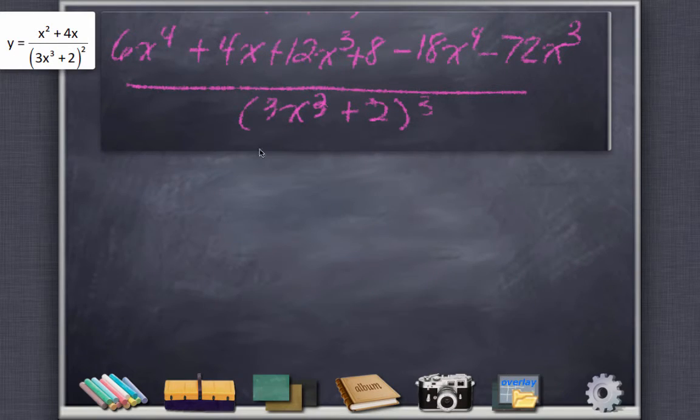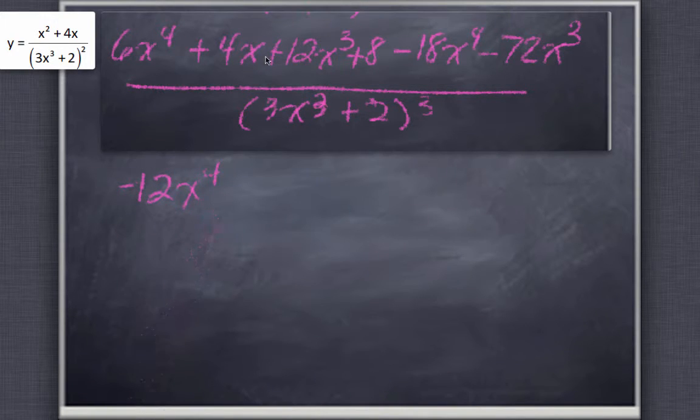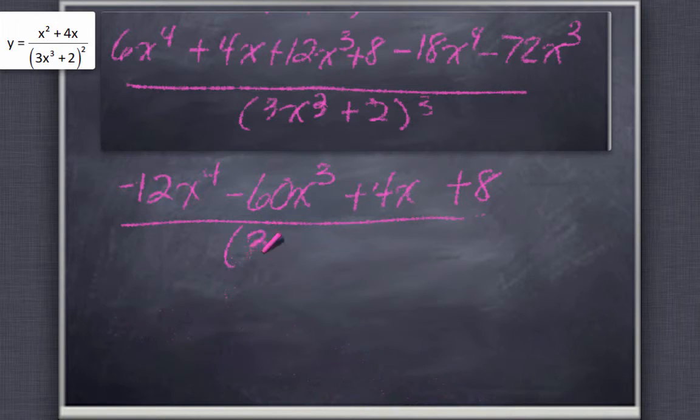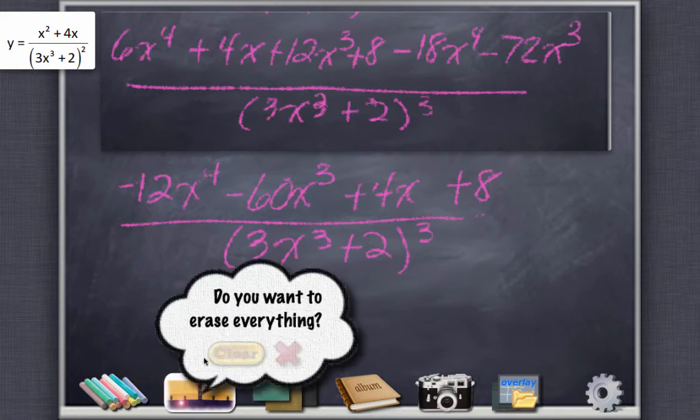Okay, so negative 12x to the fourth minus 60x cubed plus 4x plus 8. Could take a 4 out everywhere. So there's that.